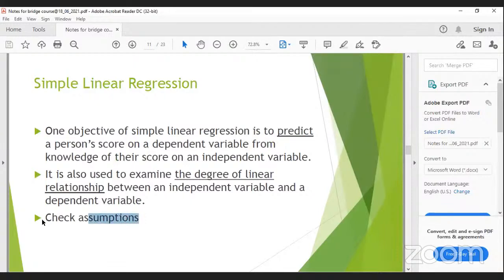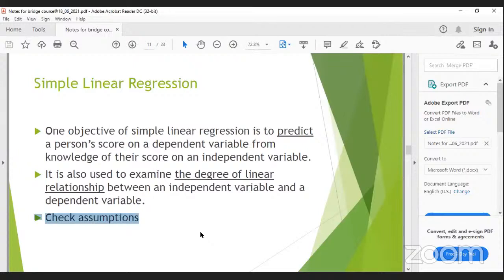But this is the important part, which we have not used actually in A level. Understand, we are going to use these assumptions using our software, but not all. It is not possible to check all, but which you can understand, we can cover in this. So what are the assumptions?